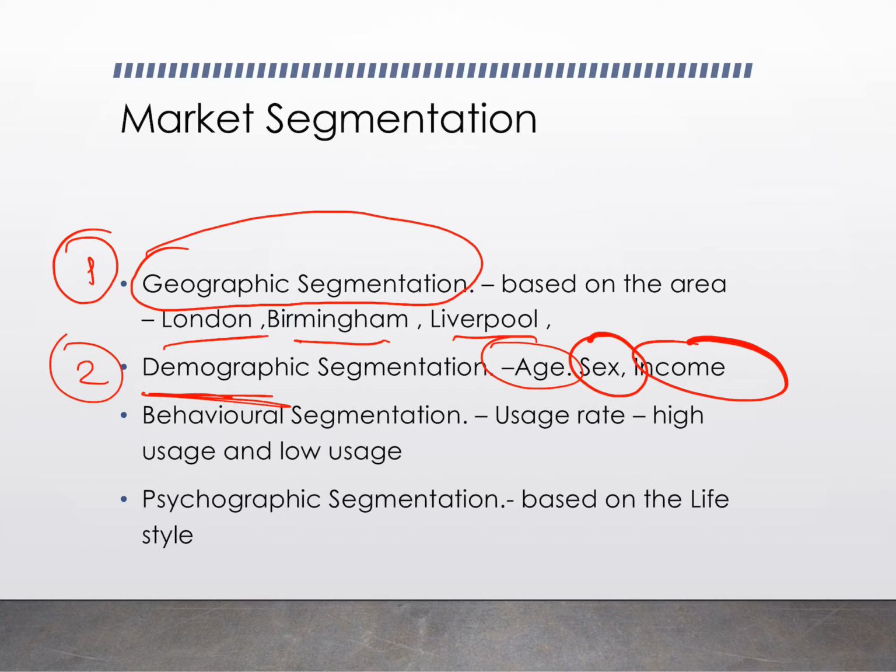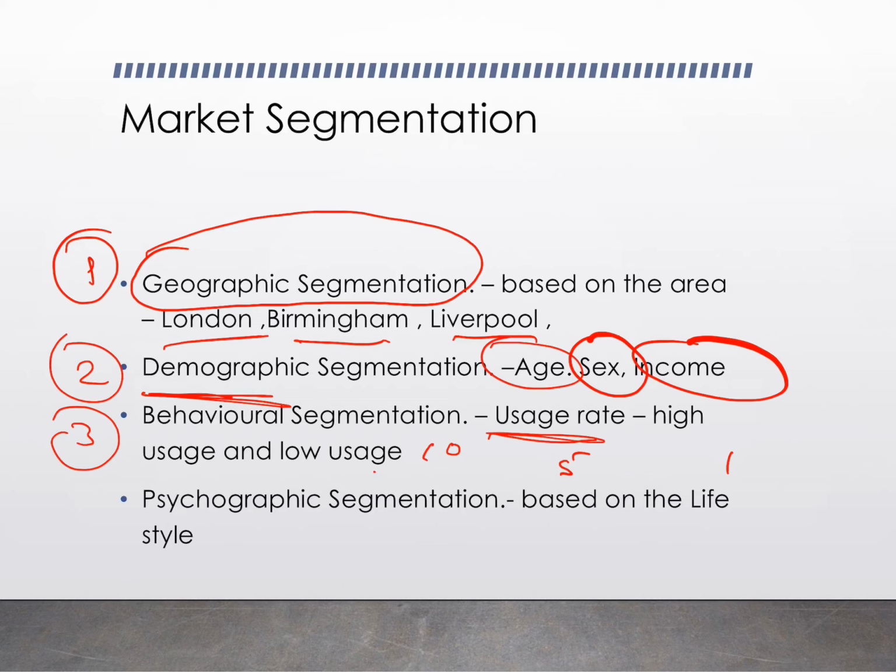And the third way we can divide the market is based on usage. This particular segmentation is quite often used by tobacco companies. For example, consumers who smoke 10 cigarettes per day, 5 cigarettes per day, 1 cigarette per day.